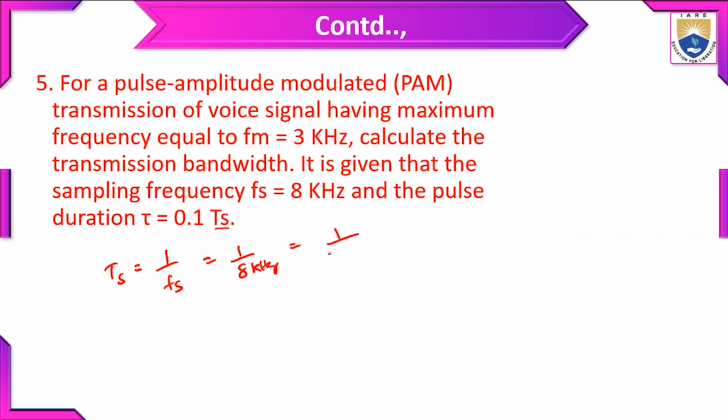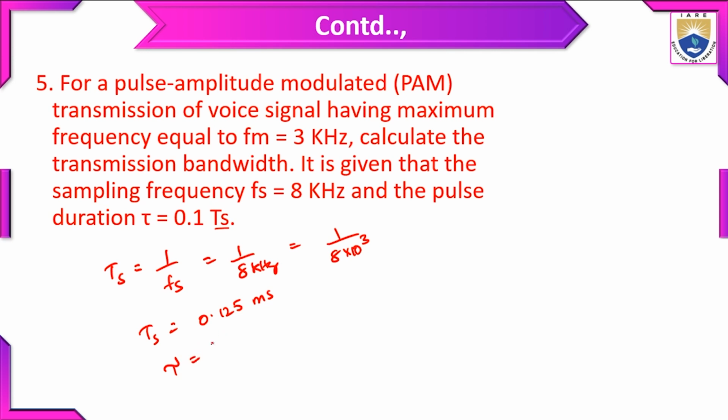So that is 1 by 8 into 10 cube. If this 10 cube comes to the numerator, it is milliseconds. 1 by 8 is nothing but 0.125 millisecond. So this is my sampling time. So what is the pulse duration?